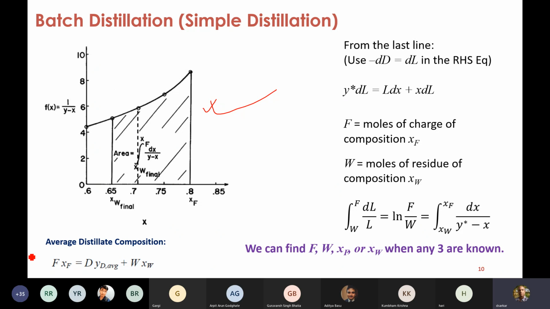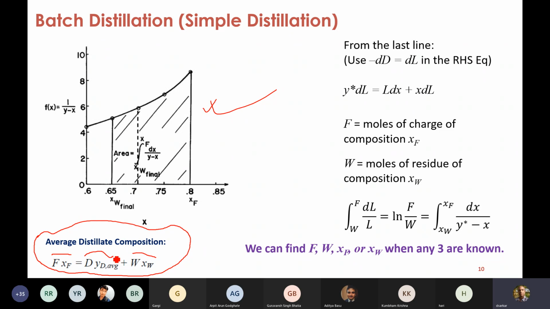What will be the average distillate composition that can be found out from the overall mass balance equation, right? So think of the overall mass balance equation. Total moles of A will be F into XF that you charge, right? And what is remaining is W XW, and what has gone is the distillate, that means the condensed vapor.